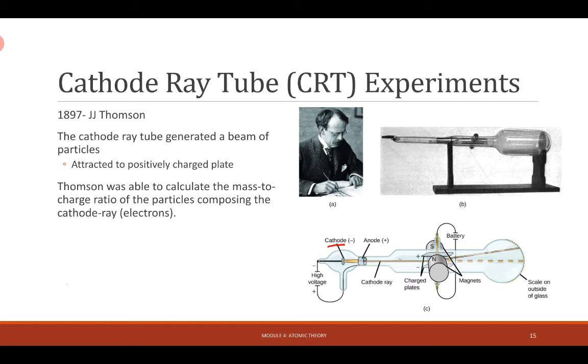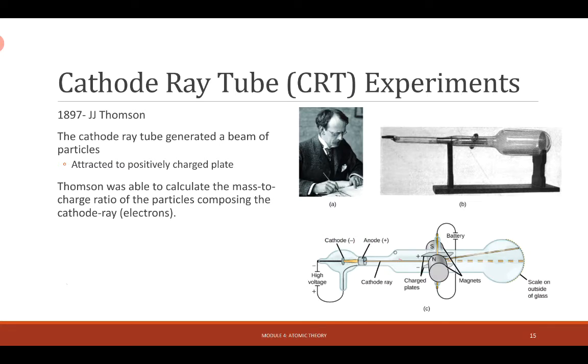So in 1897, J.J. Thomson was working with cathode ray tubes. Cathode ray tubes involve an evacuated glass ampule with electrodes. You can see here that there's a cathode and an anode as part of the electric circuit. When the cathode and anode are applied with high voltage, a beam was seen shooting across from the cathode towards the anode.